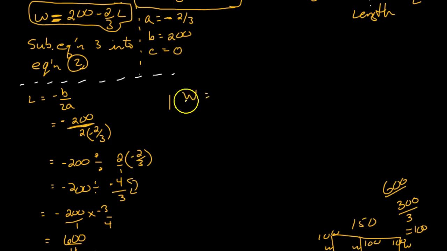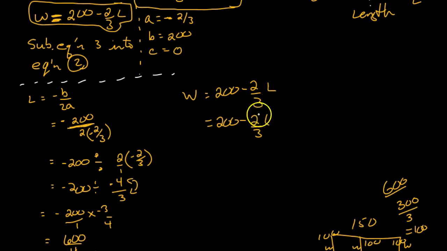So your width equals 200 subtract 2/3 L. Now you can reason it out or use your equation. 200, 2/3.